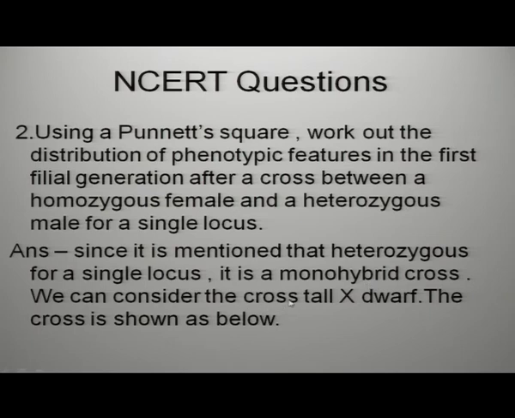We can consider the cross tall into dwarf. A character we are taking, for example, the contrasting characters we are considering is tall and dwarf. And based on this particular character, we can show this cross with the help of a Punnett square. So, here one individual is heterozygous.